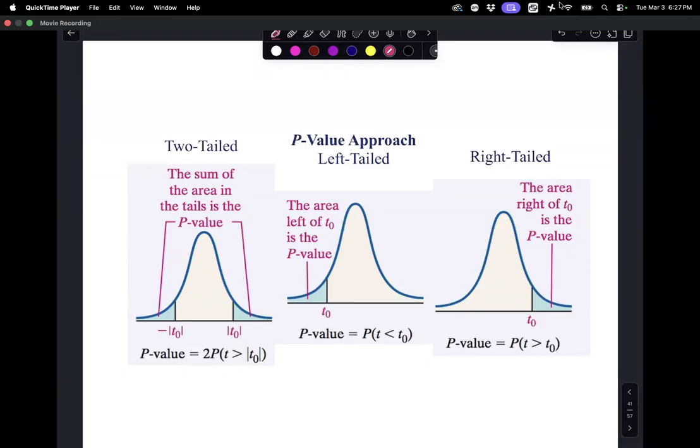So because I'm silly, if the p is low, reject the null. There's the way I got my high schoolers to remember it. If that helps you, use it. If the p-value is lower than your alpha, reject the null hypothesis.